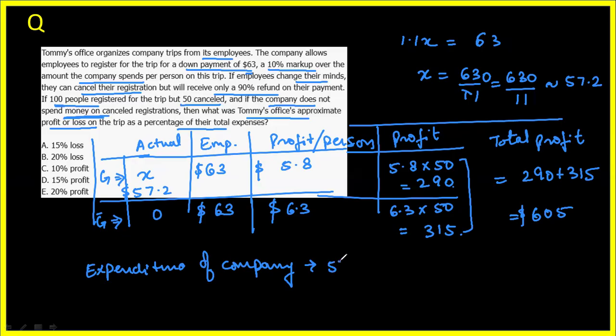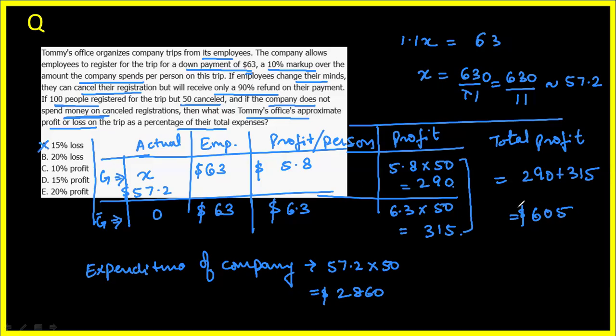So 57.2 multiplied by 50 is what the company has spent, which comes out to be 2860. So the company spent $2,860 and got a profit of $605.